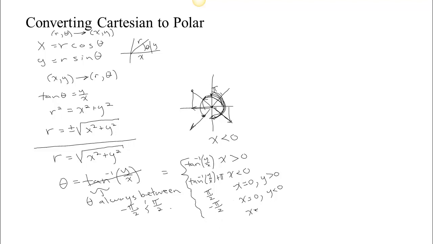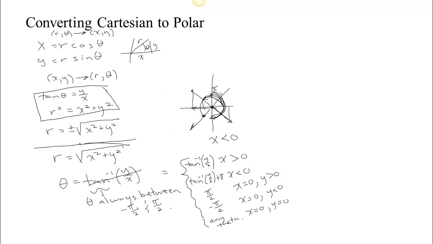I guess there's one last case. If x is equal to 0 and y is equal to 0, then obviously you're at the origin, right? So you could choose any theta. So definitely no unique representation of the origin.